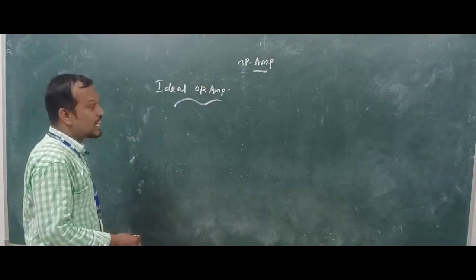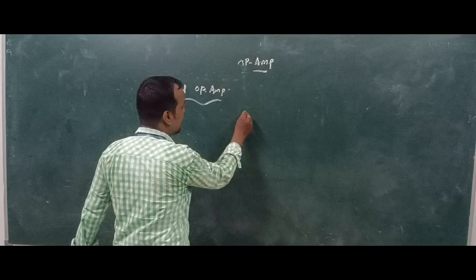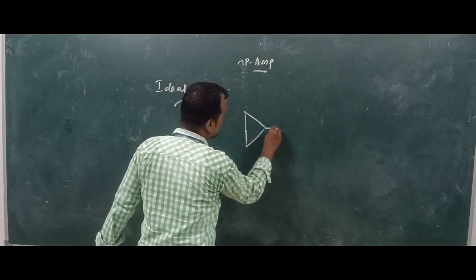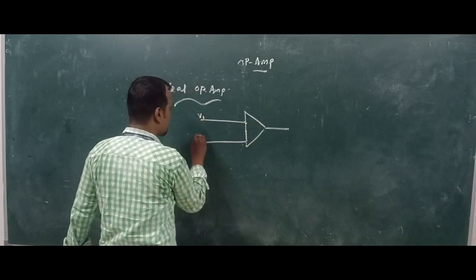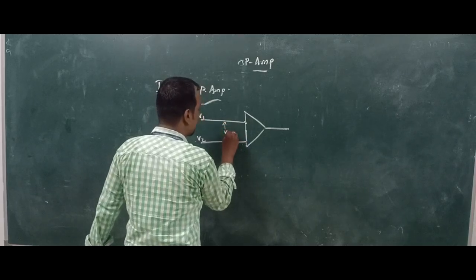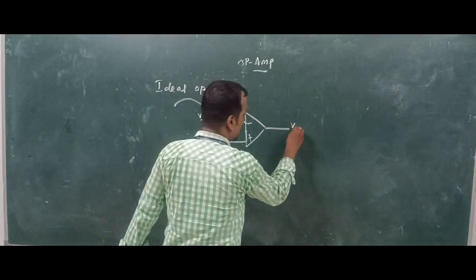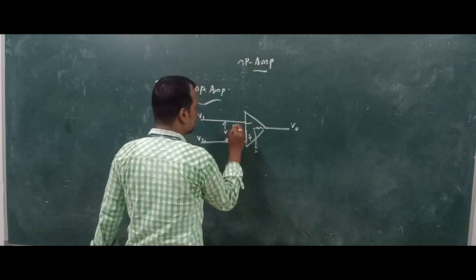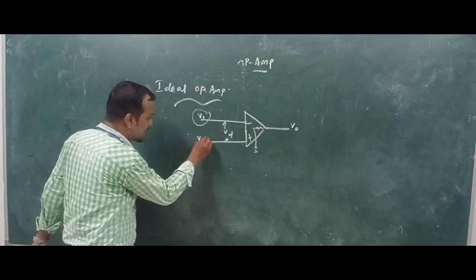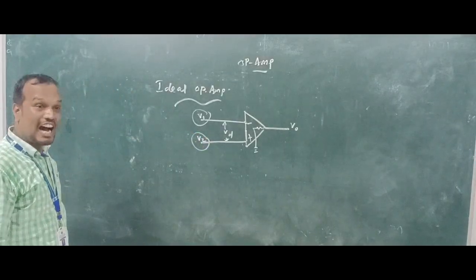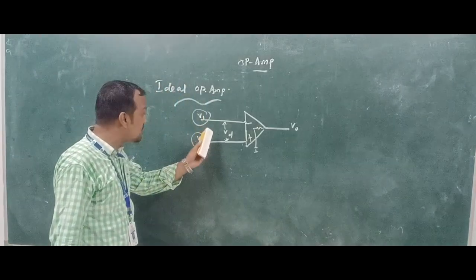So according to the symbol of the op-amp, we get the ideal op-amp. Suppose this is V1, this is V2. This is the differential voltage. This is the inverting input, this is the non-inverting input, and this is the output terminal. When we use the op-amp in practical cases, we may use a single input.